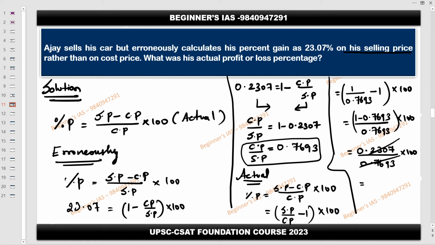Or else you can go with this method also. Just divide 2307 by 7693 into 100. So it will give an approximate answer only, right?